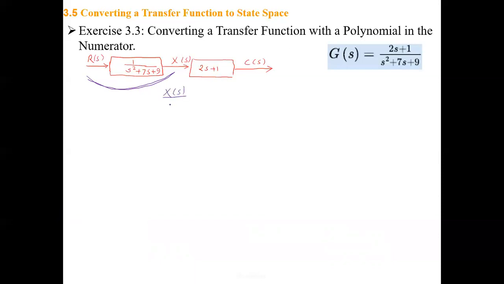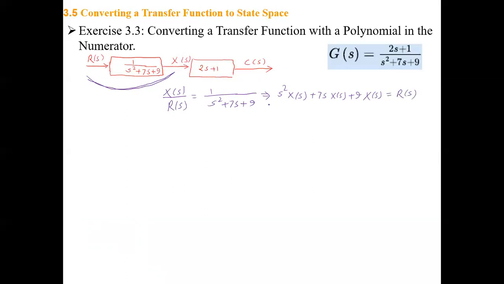Output is X(s) over input R(s), which is 1 over s squared plus 7s plus 9. Then if you cross multiply, what do you get? You get s squared X plus 7 s X(s) plus 9 X(s) equals R(s).